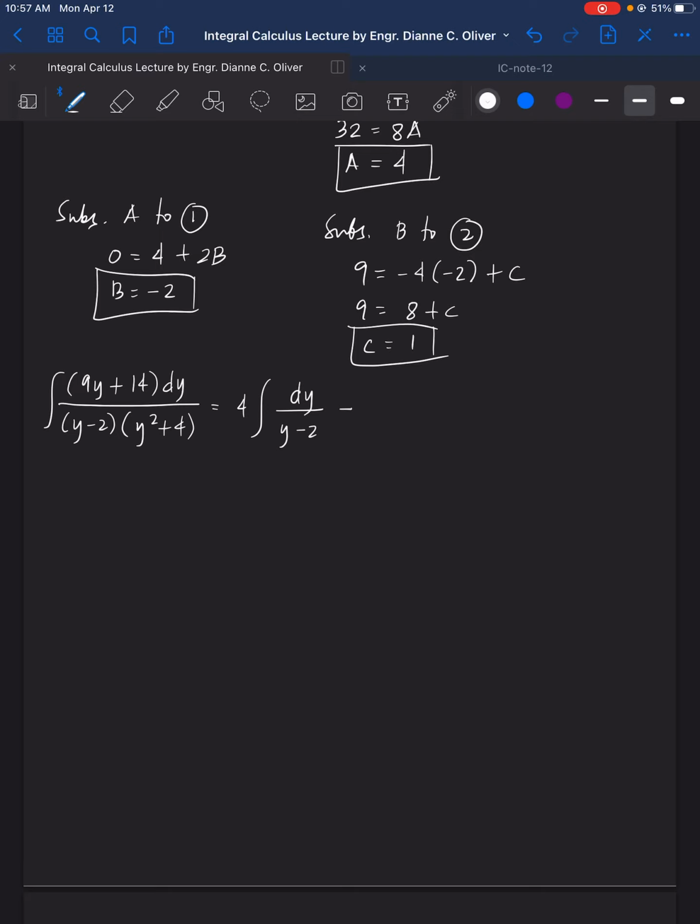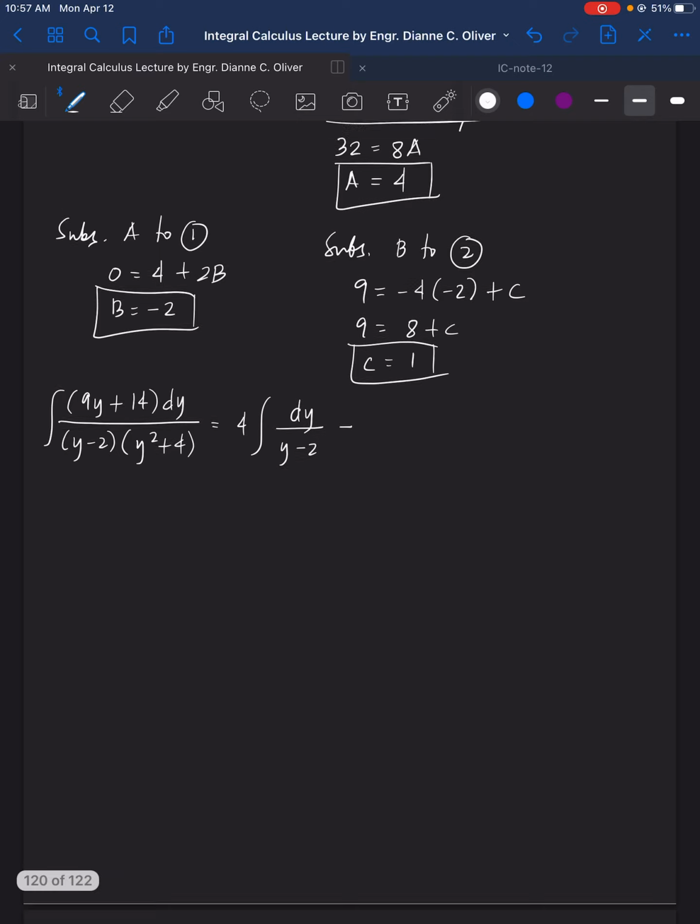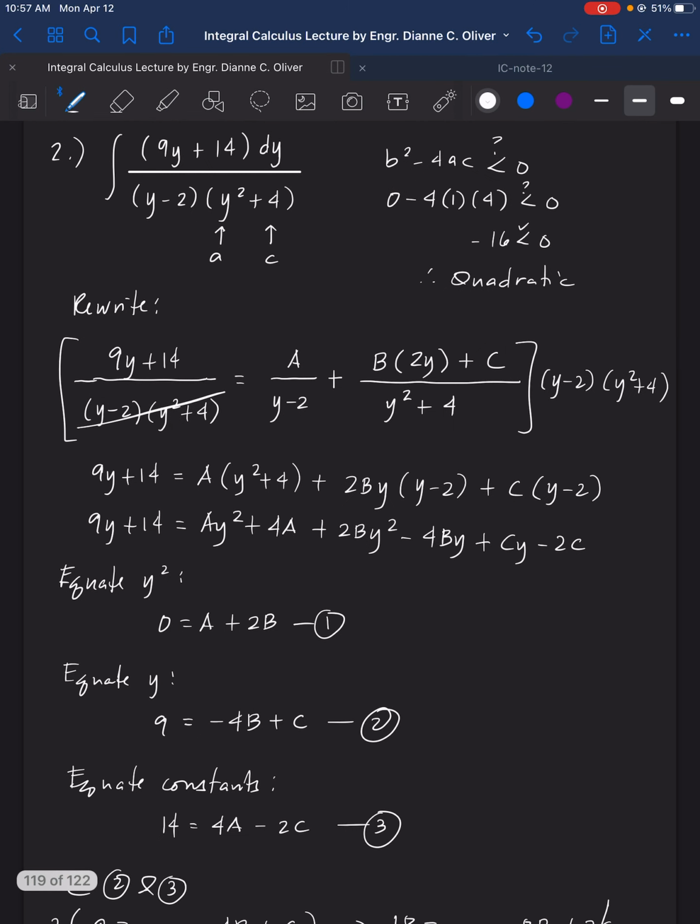Then if we separate already the B and C, we have there B, 2y over y² + 4, and then we have C over y² + 4.